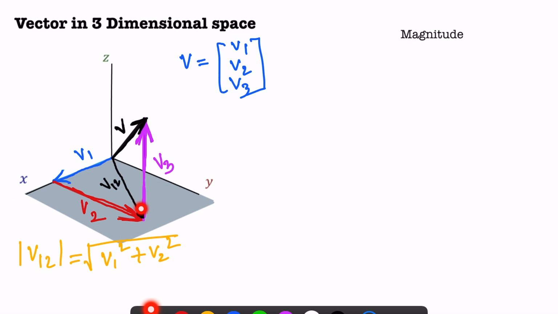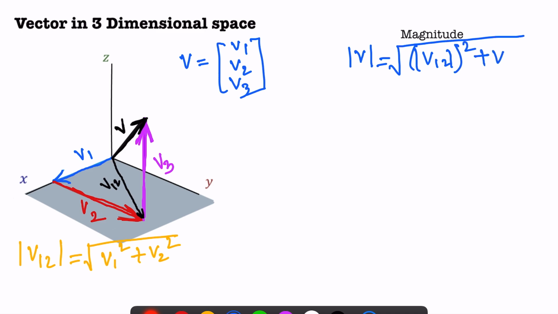So this also should be a right angle, right? So mod of v, the length of v, will be the square root of v12 square plus this v3 square.